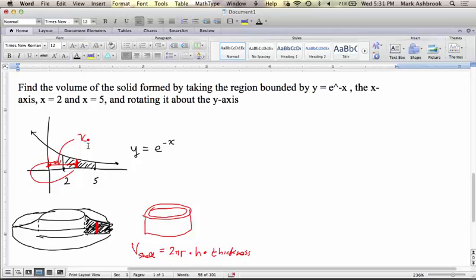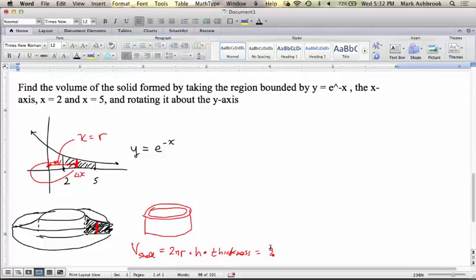The radius is x. What is the height of the shell? Y. Okay, so the height of the shell is the y coordinate. And is the thickness delta x or delta y? Delta x, right? Delta x is the thickness of the shell.